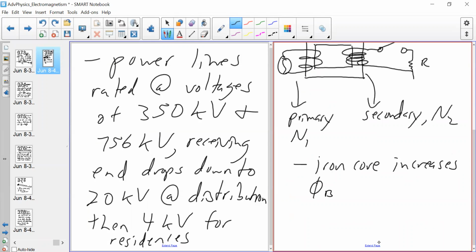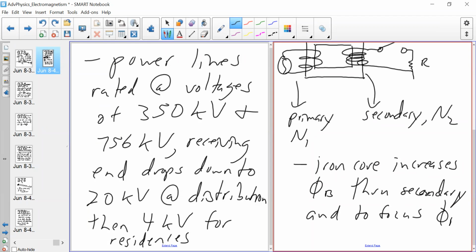So the iron core increases the magnetic flux through the secondary coil, and basically focuses the flux, basically the field.